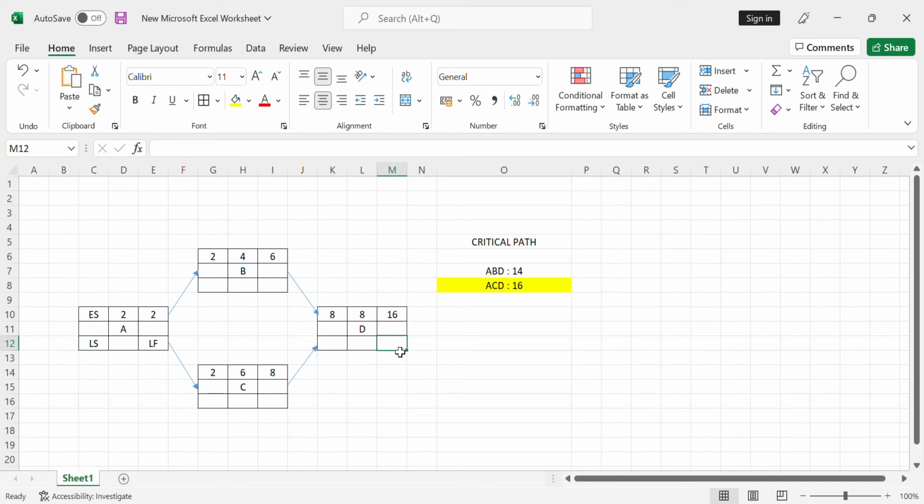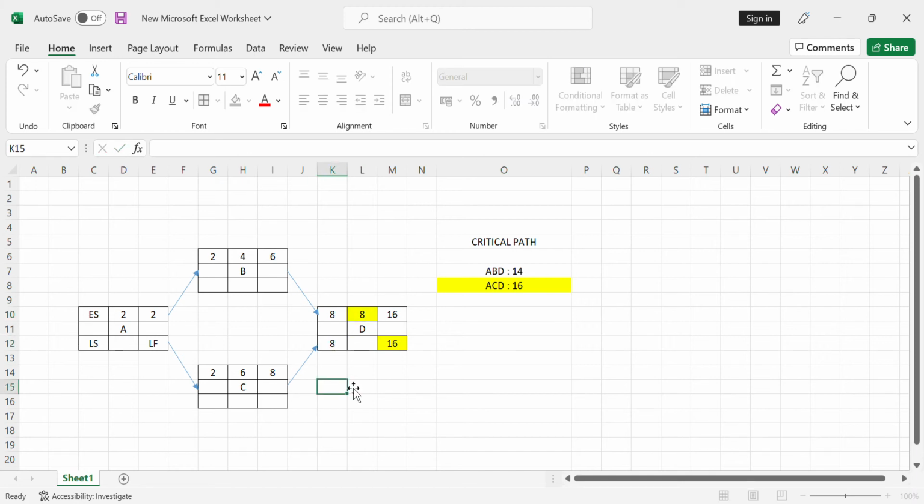The late finish of D will be the same as the early finish. Now we have to subtract 16 minus 8, which is 8.